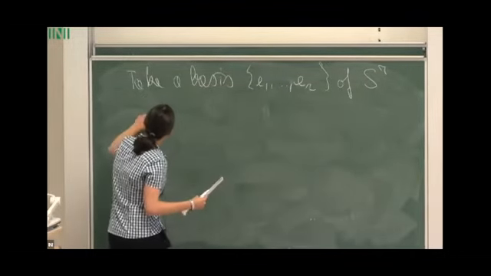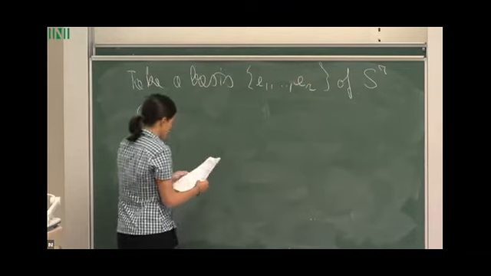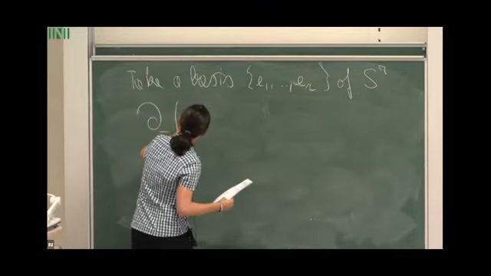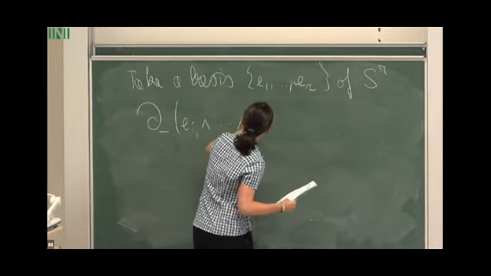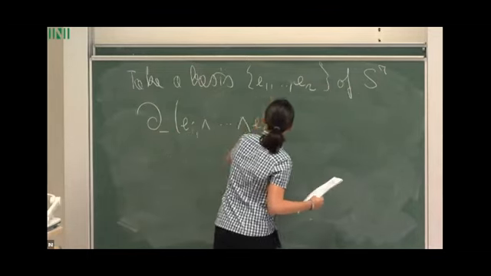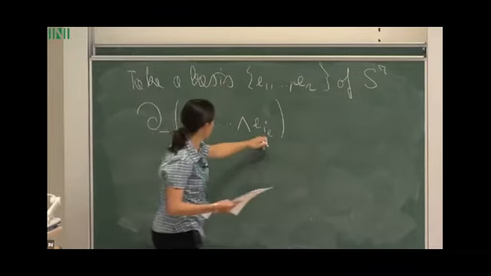Namely, the minus differential: we take the element e_{i1} up to e_{il}, so we're in the l-th exterior power.